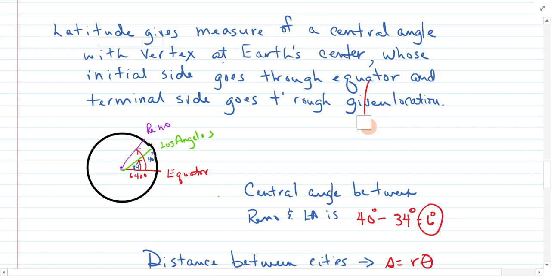Latitude, I don't know what that's doing in there, gives the measure of a central angle with the vertex at the Earth's center, whose initial side goes through the equator and the terminal side goes through the given location.